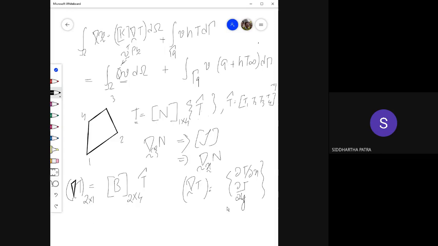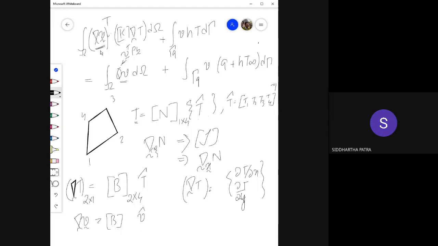Similarly, because V is a scalar, we would treat this as a grad of V dot product. Gradient of V dot product basically means gradient of V transpose this quantity. So the gradient of V is also B times V hat.